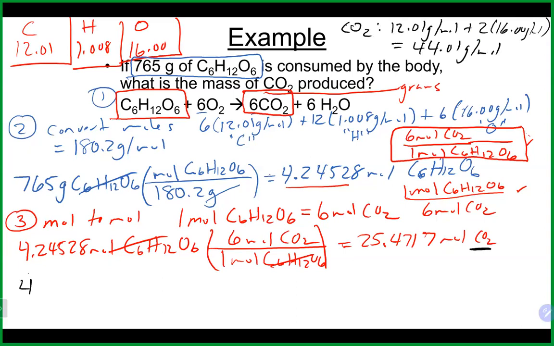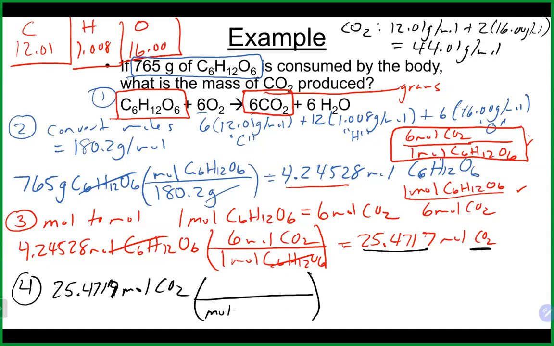Step number 4, again, taking the number above here and continuing on, 25.4717 moles of CO2. Here, the moles are going to go on the bottom so that they cancel. Moles of CO2, 44.01 grams of CO2 up on top so that they do cancel.